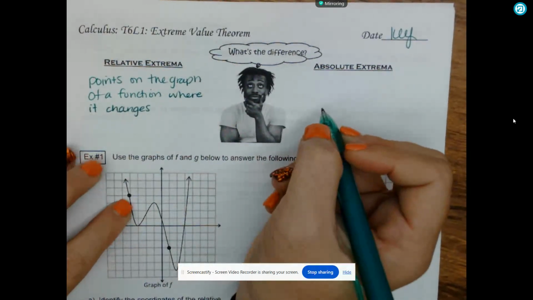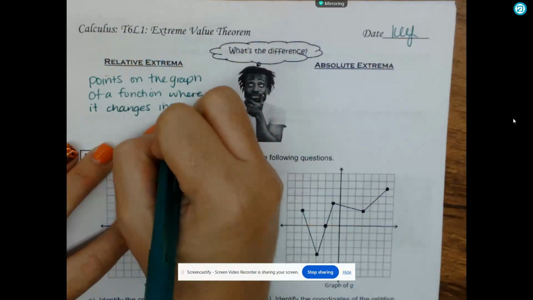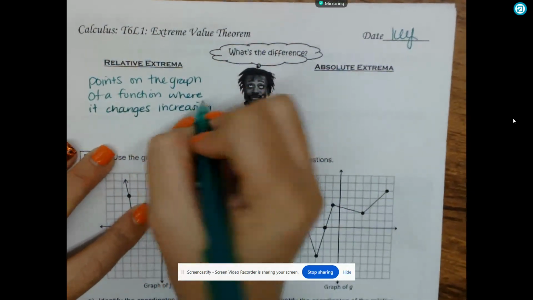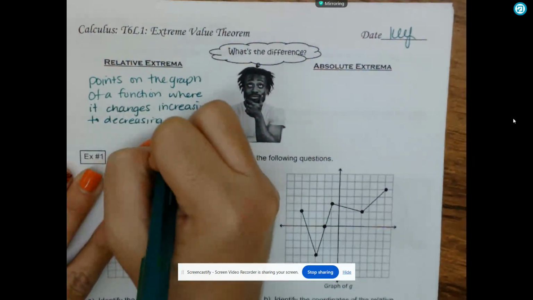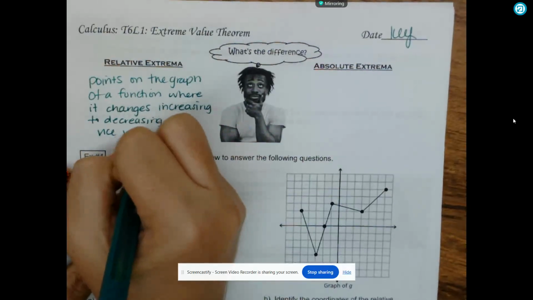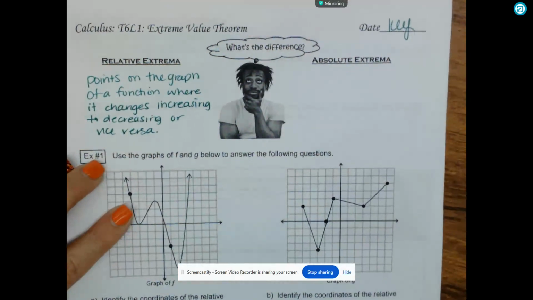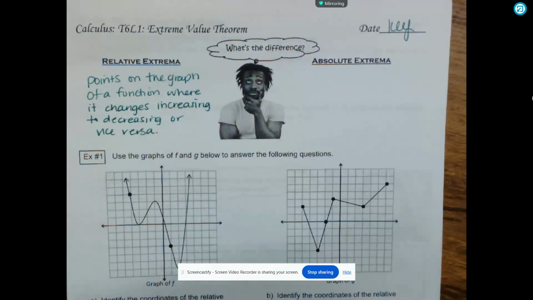Relative extrema is where the function changes from increasing to decreasing or vice versa. All right, so those are our relative extremes. So we always say relative min, relative max, and we go from there.